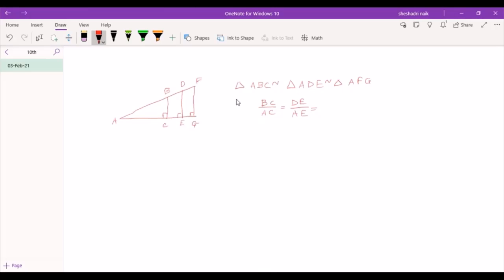FG upon AG. So this is what we use. Actually, this is what we use in trigonometry. Okay. And let's go back to my presentation.